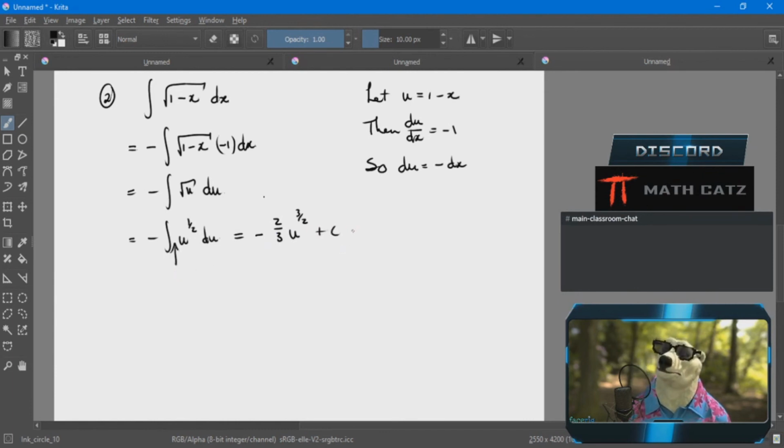Plus c, and then lastly, I need to go back to my original variable, changing nothing but swapping back what u is in terms of x. So a lot more structure that I can rely on that gives me confidence.